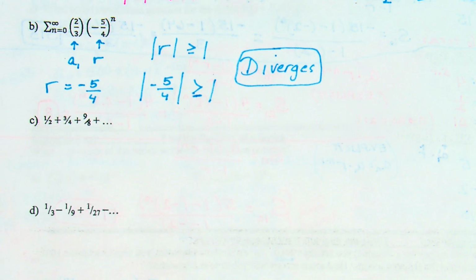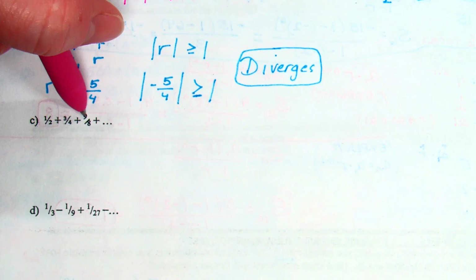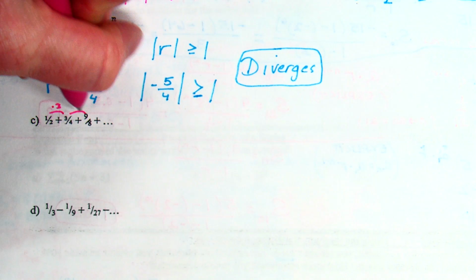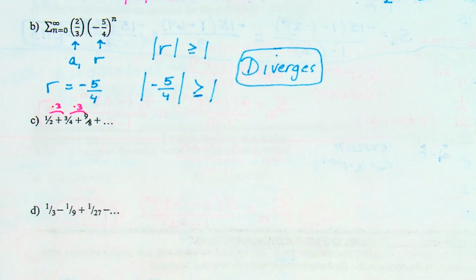Okay, that's not horrible, right? Okay, now, forget the numerators for a moment. Think denominators. How do I get from 2 to 4 and 4 to 8? Times 2. So, what is R? I'd say 3/2.